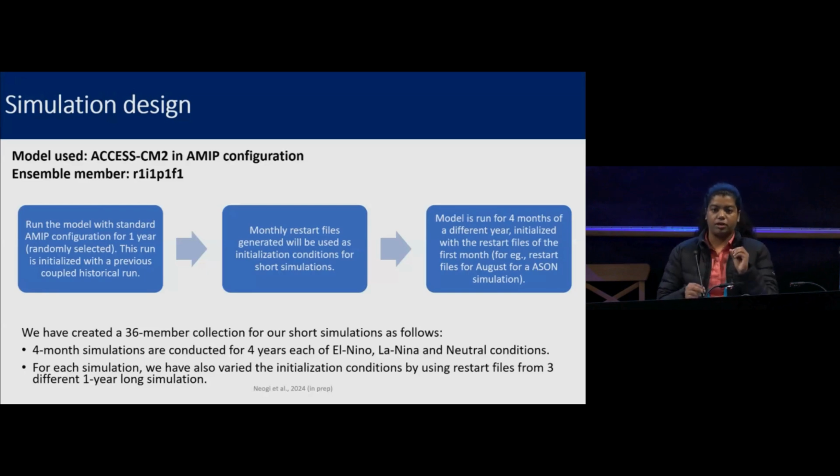So for example, if you run an August, September, October, November simulation, you use the restart file for August as your initialization condition, and then you run the model for 4 months. And we've created a collection of 36 members using 4 years of simulation for different SST conditions, and different initialization conditions from the 1-year runs.